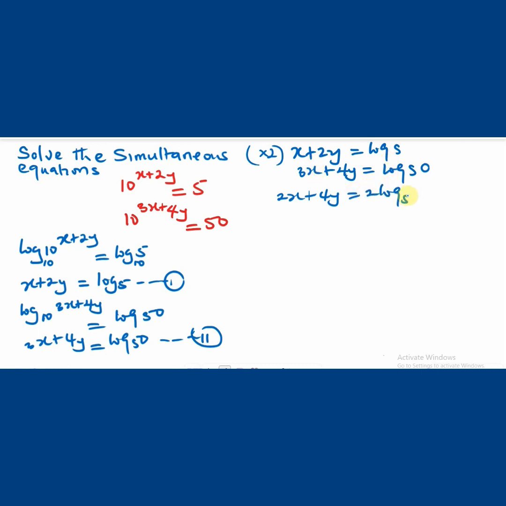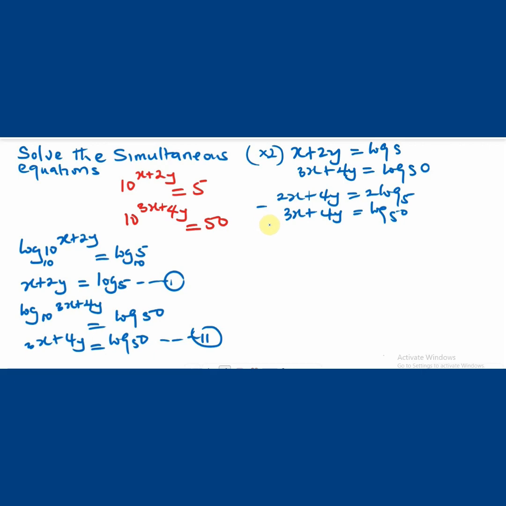It doesn't change the equation. What I'm trying to achieve is to have a coefficient of y that will be the same as the coefficient of y in the second equation. So this is going to be 3x plus 4y is equal to log 50.